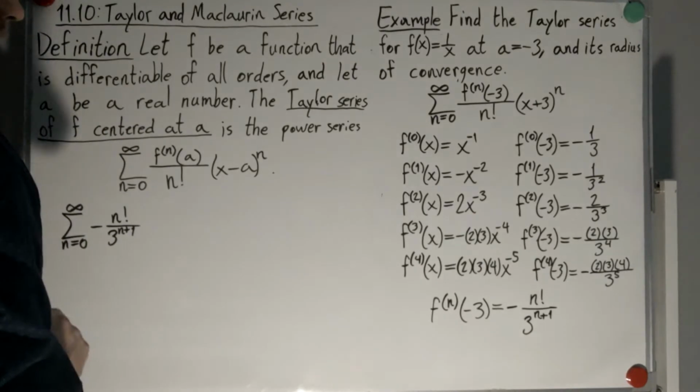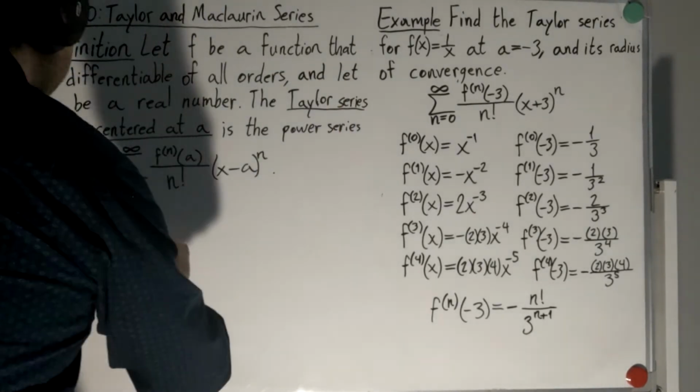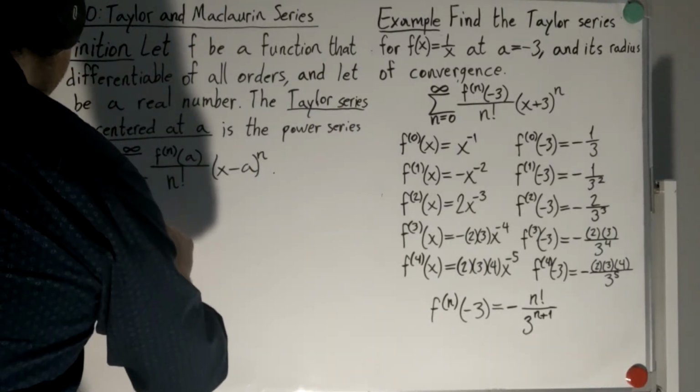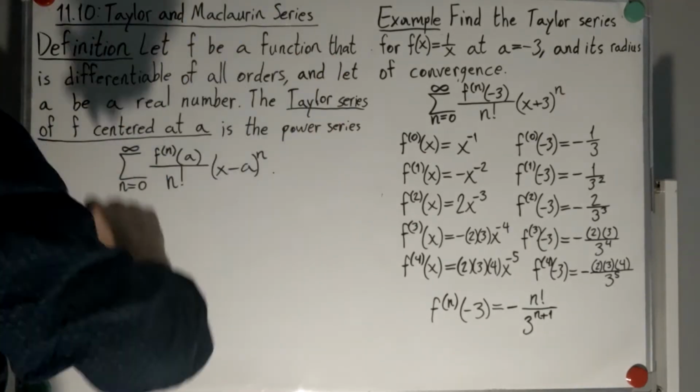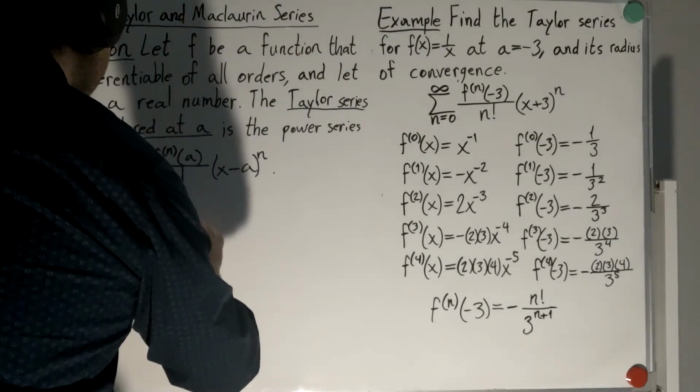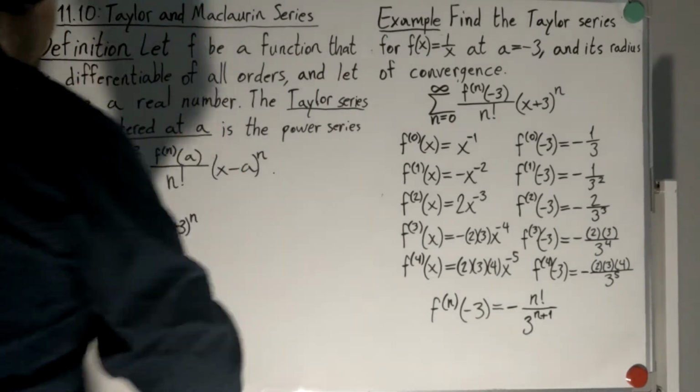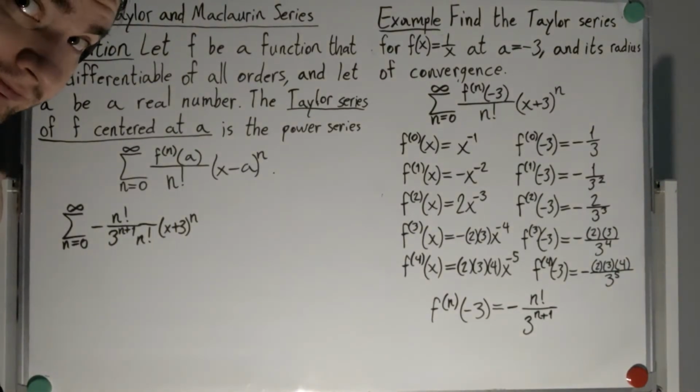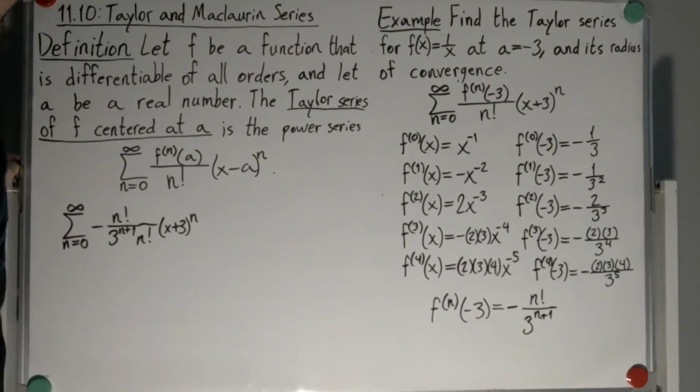Okay. That's the numerator. Divide this by n factorial, so we're going to have an n factorial on the bottom. Then x plus 3 to the nth power. And that's it.